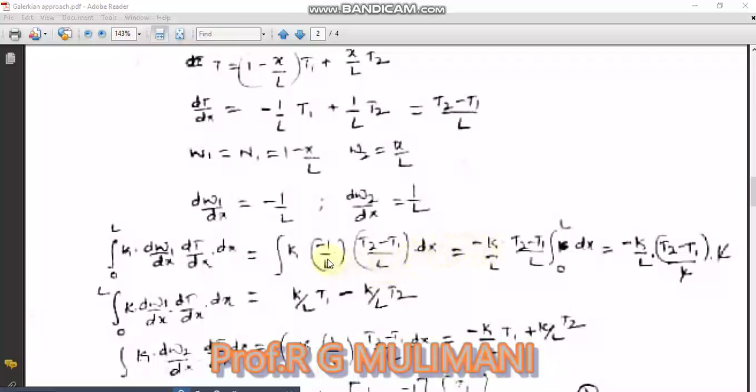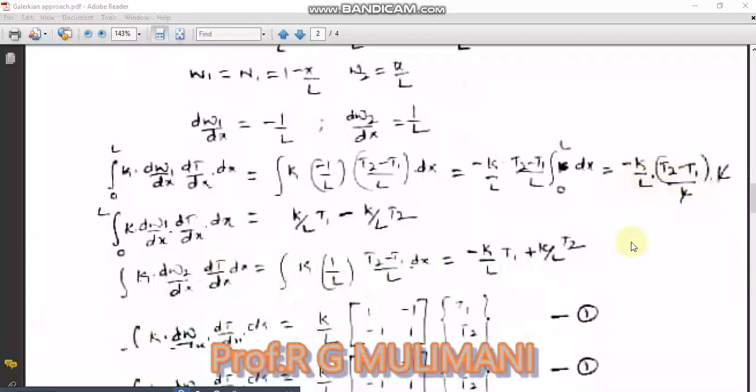So minus k by L, T2 minus T1 by L, and the integration of dx, since there is no dependent term, is L. Applying the limits, it is L minus 0, so this L and this L get cancelled, and it remains minus k by L, T2 minus T1.